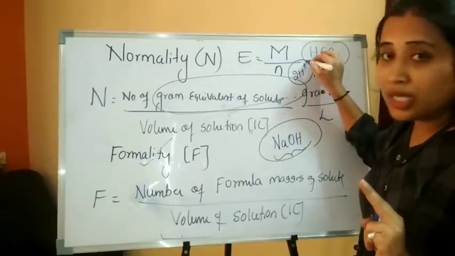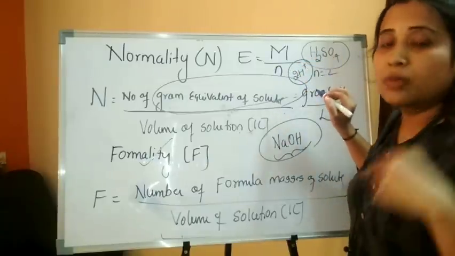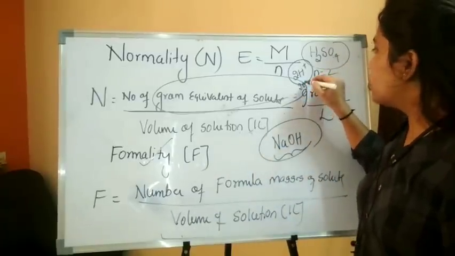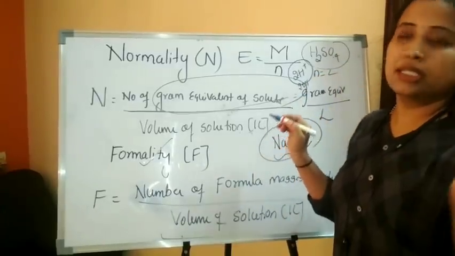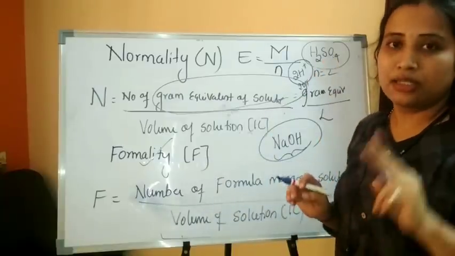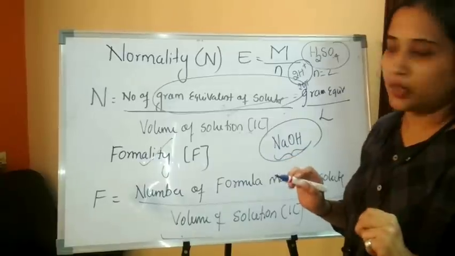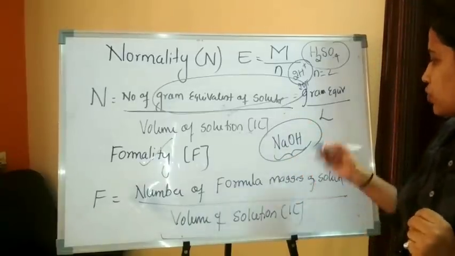In order to neutralize these 2H plus ions, how many OH minus ions do I need? It is 2OH minus. So the basicity of this acid is 2, which means the N factor for sulfuric acid is 2.